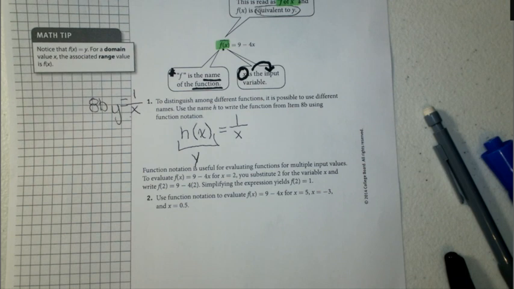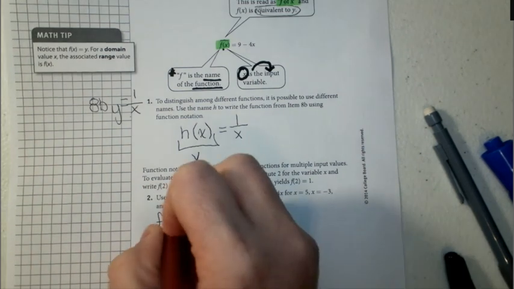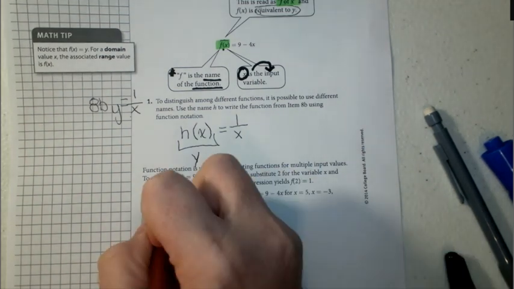Number 2. Use function notation to evaluate f of x equals 9 minus 4x for the values of x equals 5, x equals negative 3, and x equals 0.5. So what we're going to do here is we are going to do f of 5 is where we start.